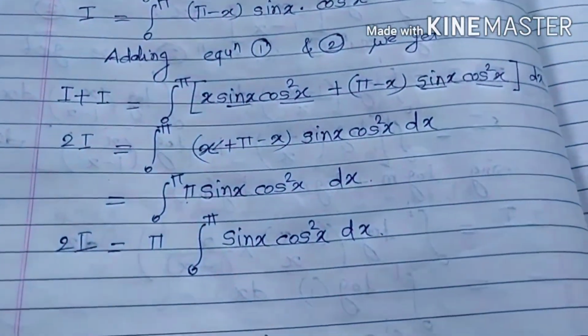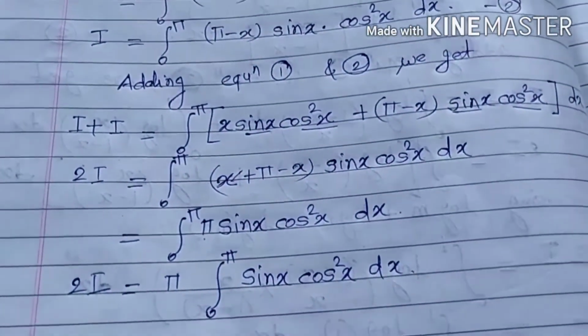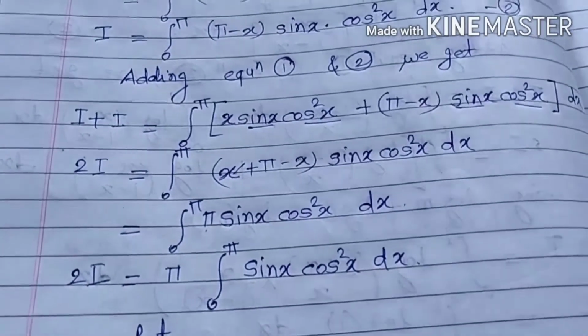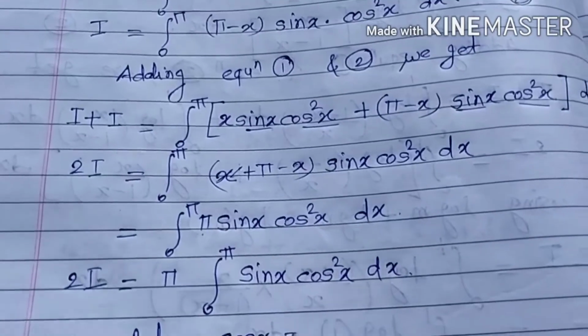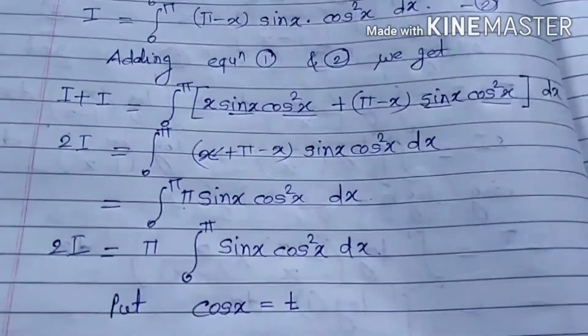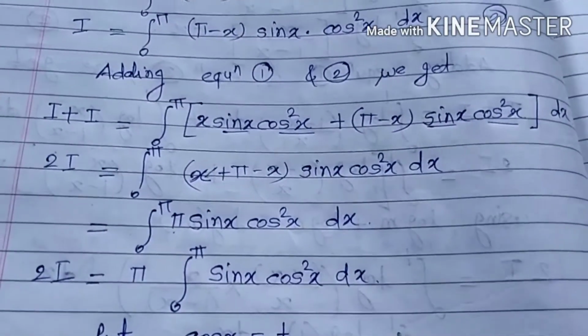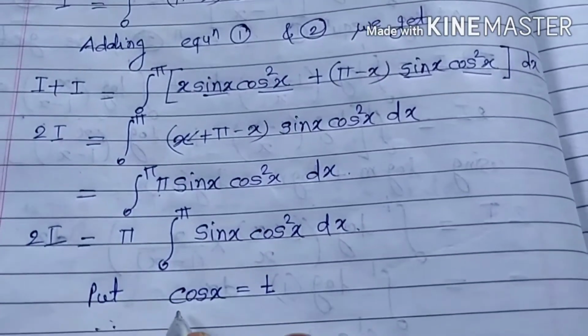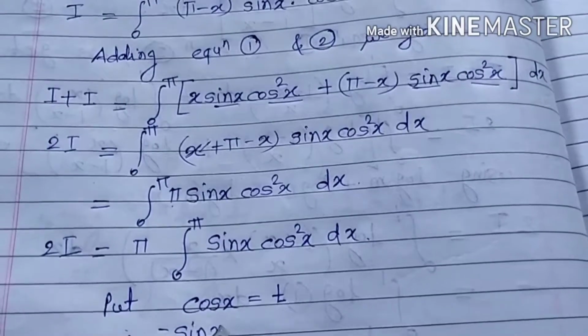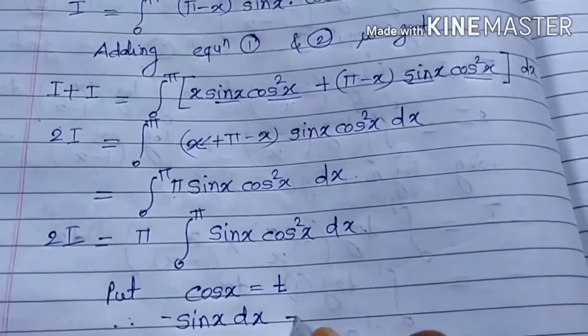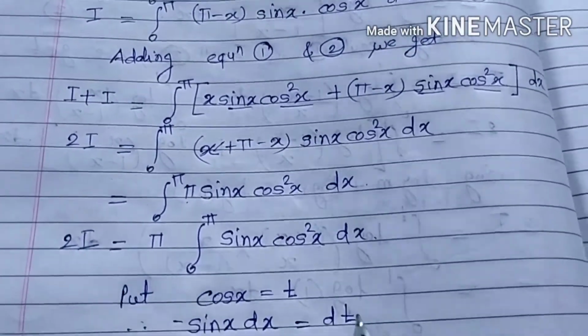Now by using the substitution method, put cos x equal to t. So therefore the differentiation of cos x is minus sin x dx, which is equal to dt.